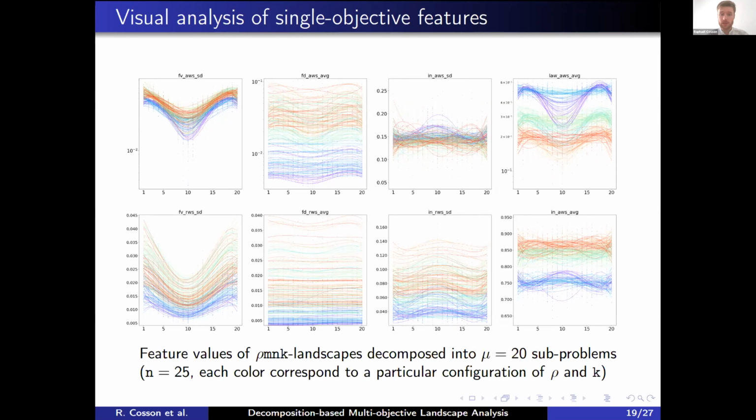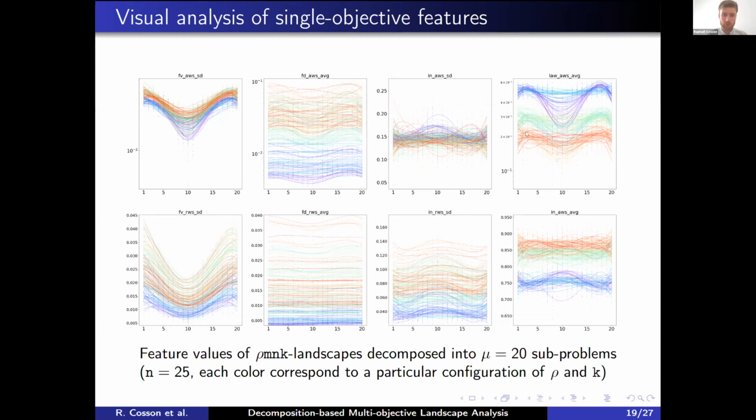So visually in this plot, we can see that there is a difference in feature values between parameter k at 0, parameter k at 2, and parameter k at 4. And actually, the shape of the curve in some features is also related to ρ.